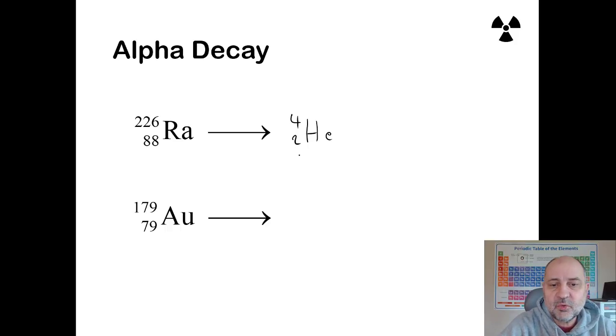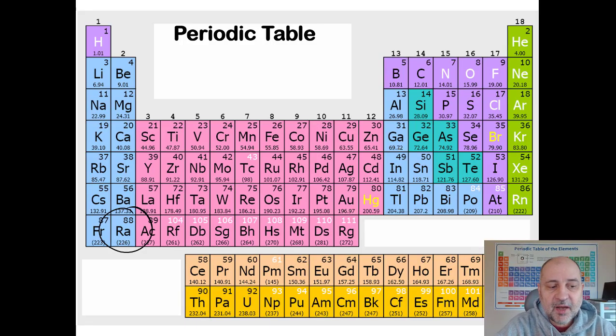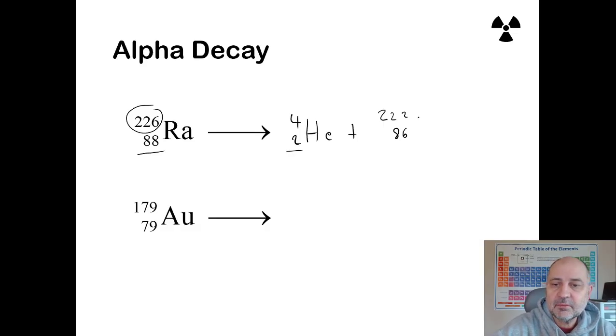And then all you have to do is take the 226, subtract 4. So we end up with 222. Take the 88, subtract 2. So we end up with 86. Now we have to go find 86, and that's radon, so Rn. And you are done.